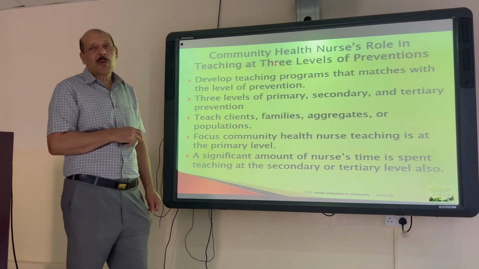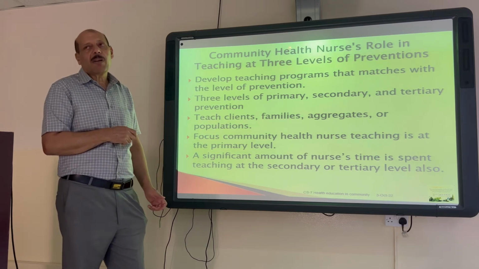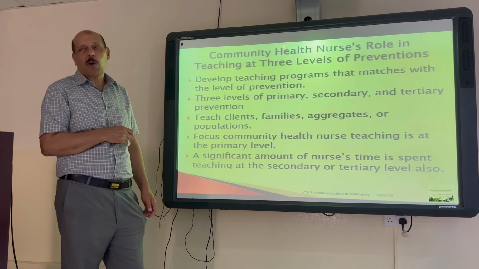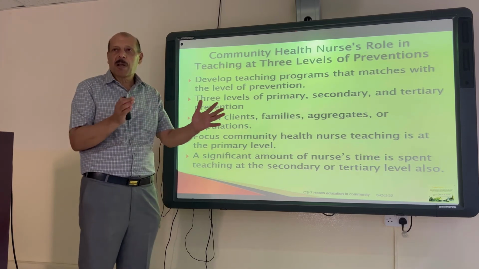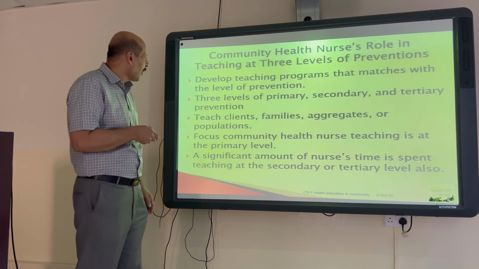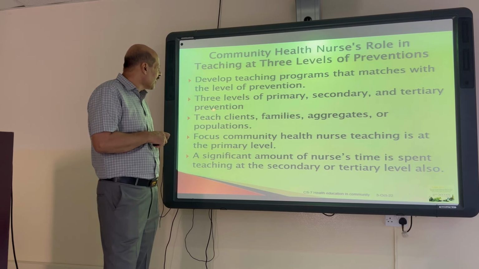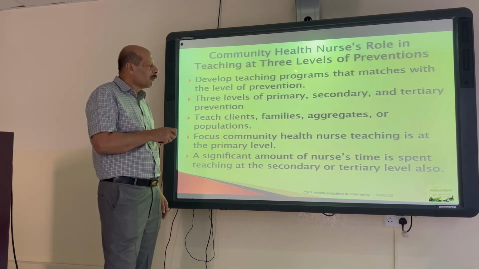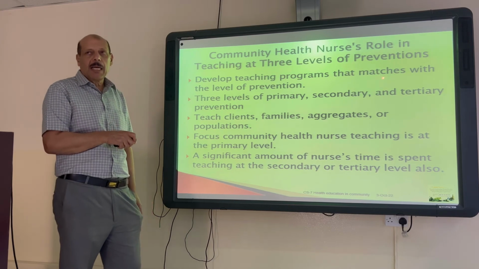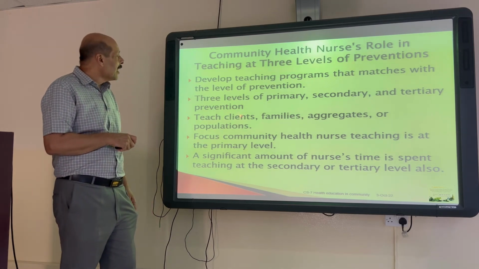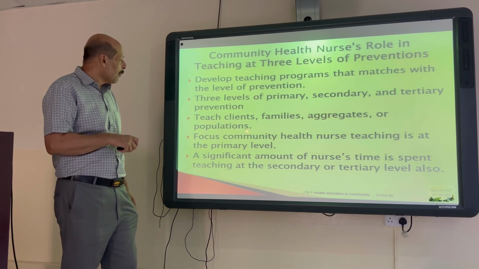So, the health education that we develop should match the level of prevention that we want. If it is primary prevention, we have to concentrate on primary prevention. The 3 levels of primary, secondary, and tertiary prevention, and we have to develop health education for each level of them. Teach client, family, aggregates or population.